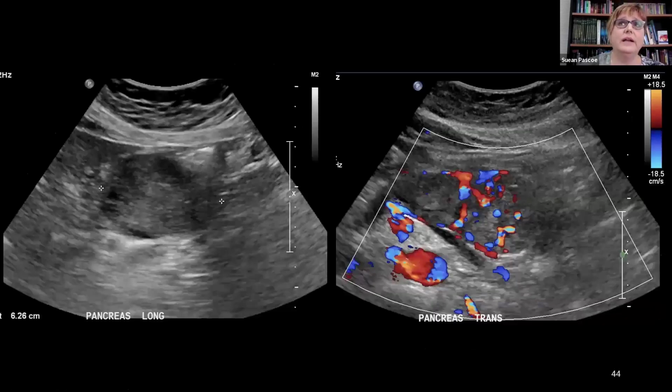On this particular one, we've put the colour on and we can see increased colour flow, which is always a bad sign. That tells me that something's not quite right here. And so we need to be looking for those indirect signs too, whether there's duct dilatation, whether the bile duct's dilated, is that obstruction affecting everything downstream from there?